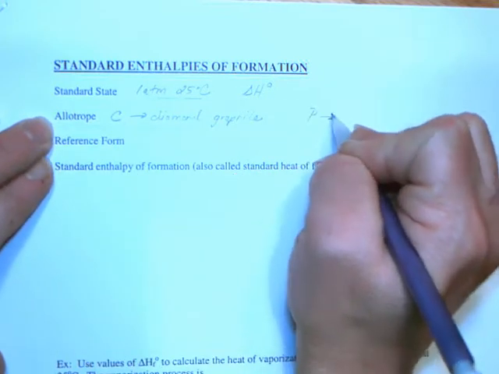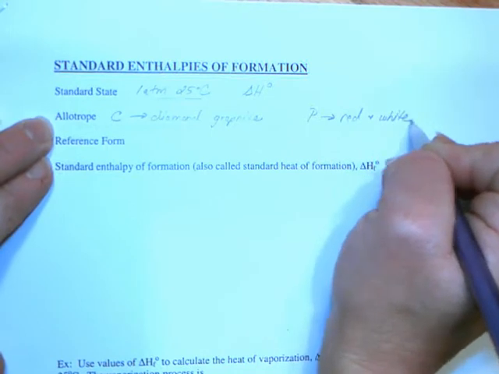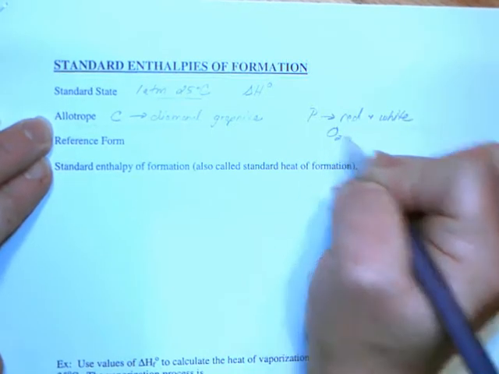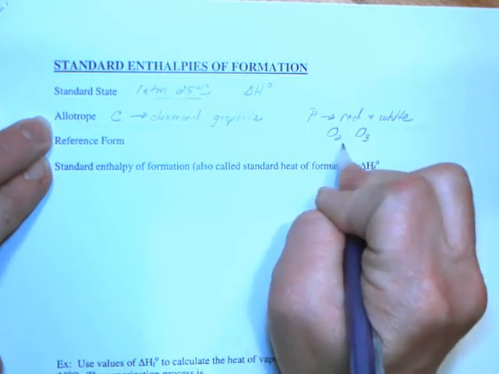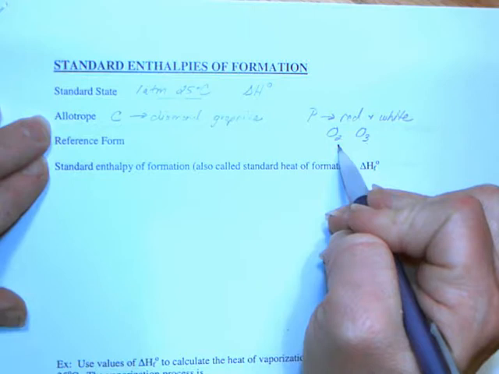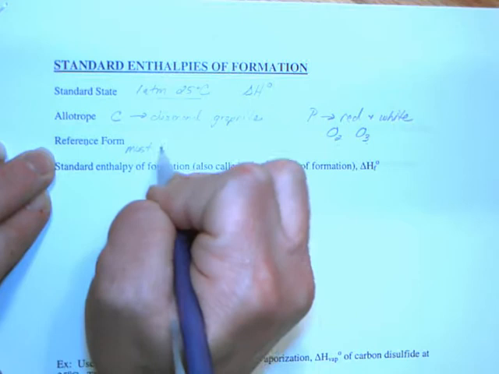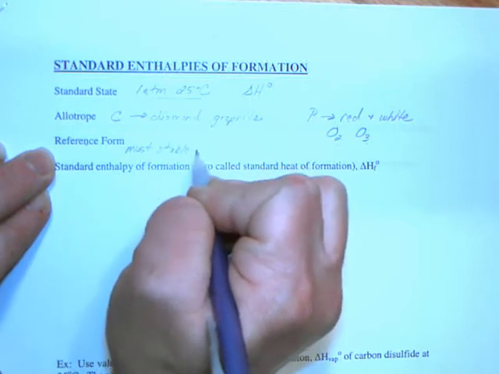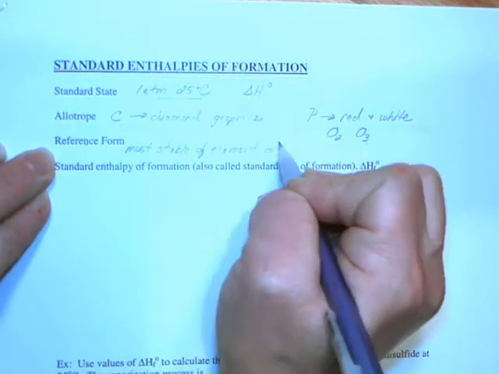Phosphorus exists in the red and the white form. Oxygen can exist as ozone, or the oxygen that we of course require for biological function. The reference form is the most stable form of our elements or the compound at the standard states.